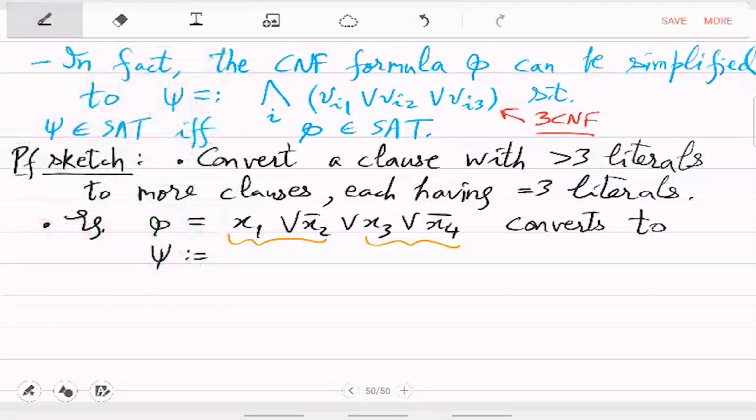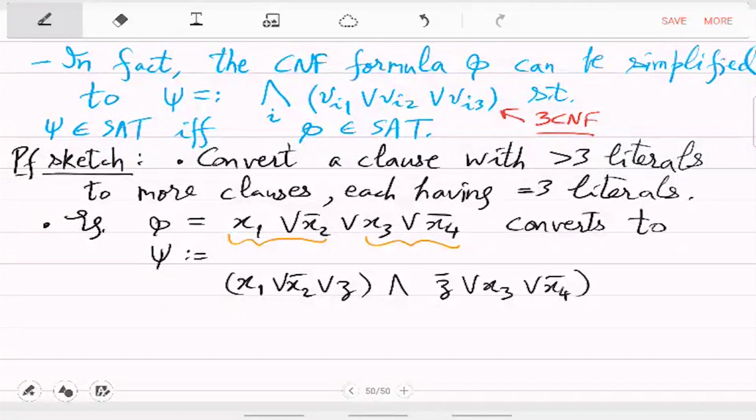Okay, so you use x1, x2 bar with a new variable z, and then use z complement. Right, so you can see that these two are equal.